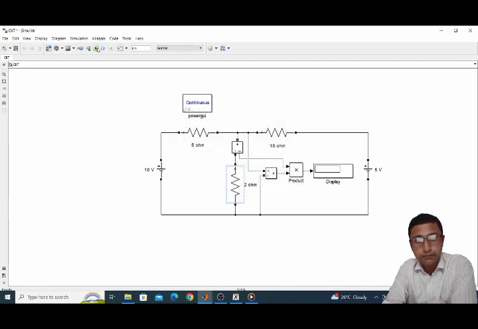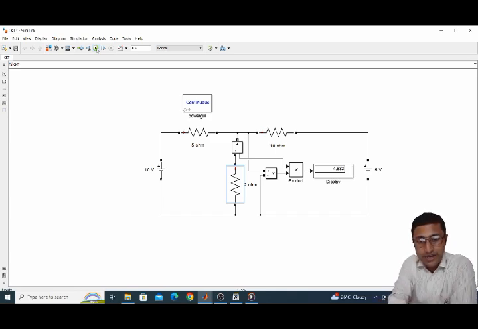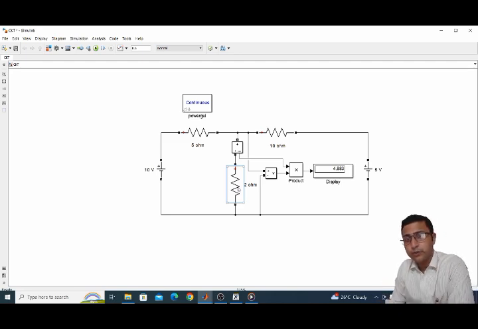If we run the simulation, it shows the power is 4.883, while the maximum power was calculated at 5.208. Next, that means the load resistance is less than RTH, that is 50 by 15, which is approximately 3.33 ohm.